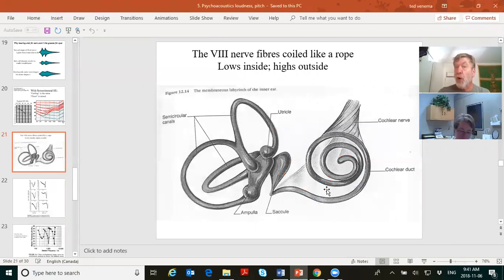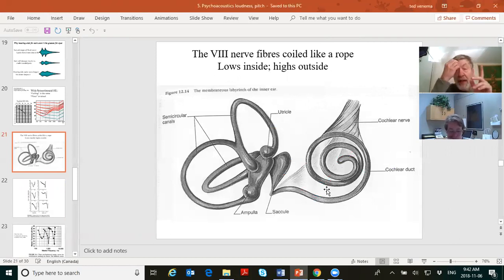A rope is made of many, many tiny twisted fibers. In fact, if we have 3,000 inner hair cells in each cochlea, each inner hair cell is in contact with 10 eighth nerve fibers. So 3,000 times 10 is 30,000.